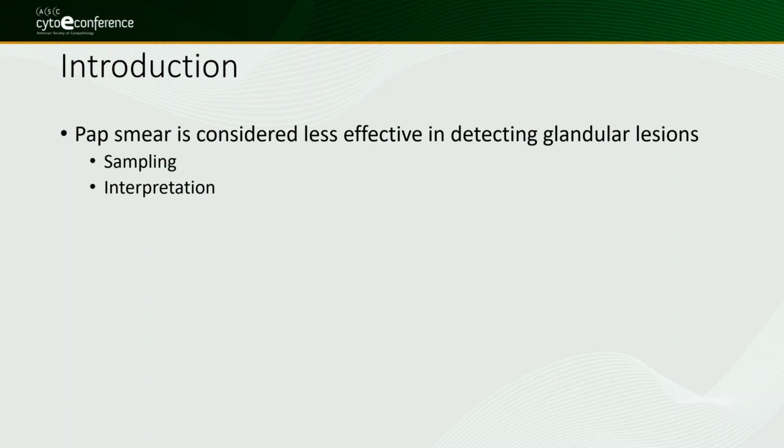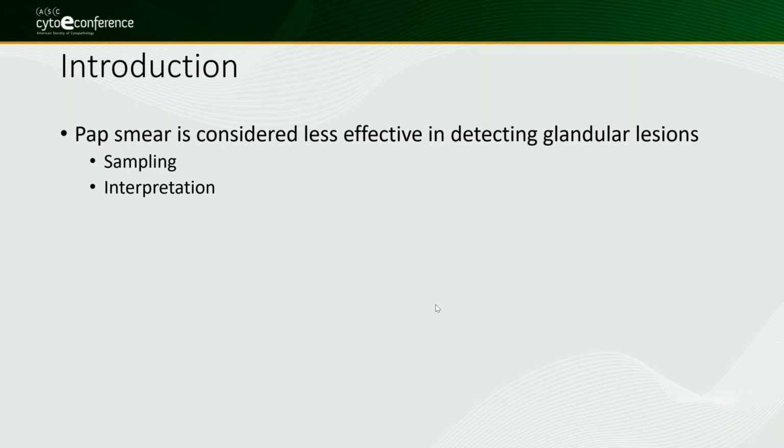Same with endocervical cells, if it's really high up, the pap smear collection method won't reach it. Another reason is interpretation, because a lot of times the criteria are not well understood or well followed. So at least from our end, we'll review the established criteria on these glandular lesions.